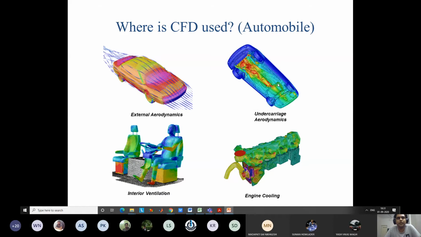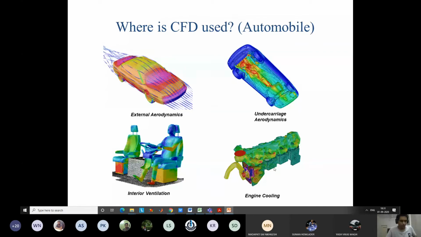Interior ventilation is another important area. Engine cooling, this is important. There are other aspects which are very important, which I will discuss in the subsequent slides, which are also used in the automobile industry, like how the casting is done for these cases, how the material processing is done. All these are also dealt with by CFD groups.